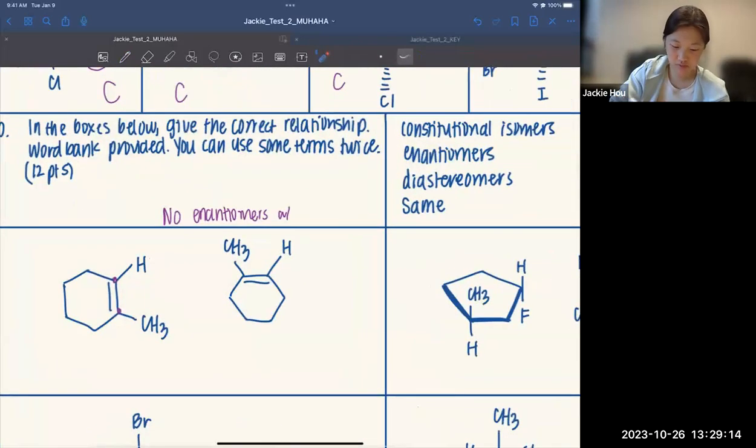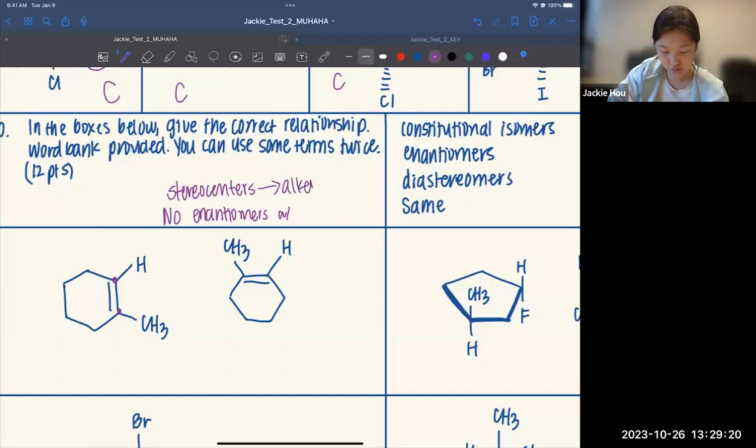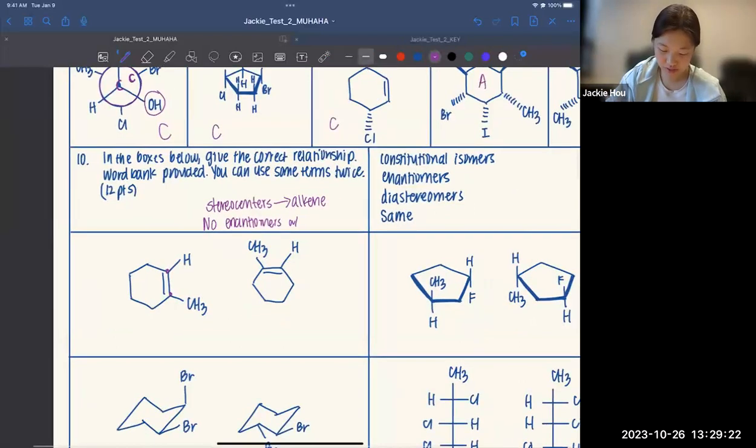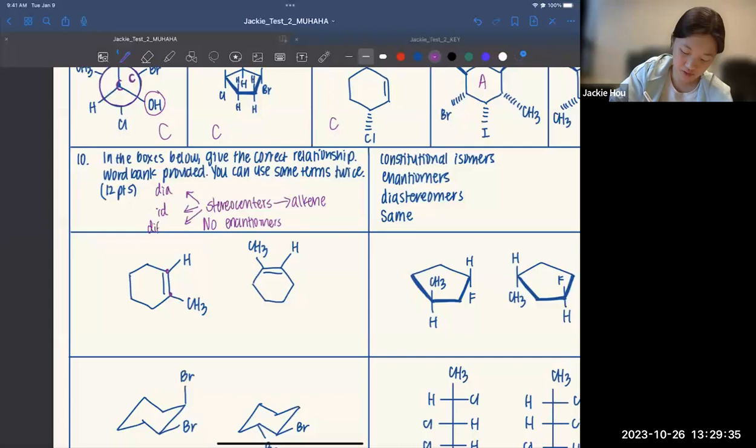Yeah, so if you have stereocenters that are determined by the alkene, so this is not RS or anything, then you'll never have enantiomers. The only two options you can have are either diastereomers, identical, or of course, if you find that they're different, it can also be different as well.